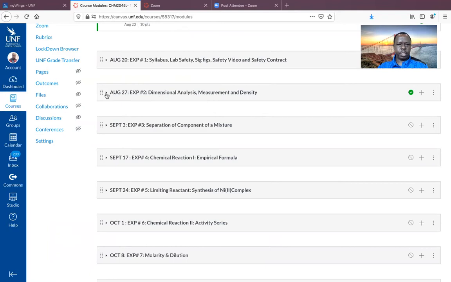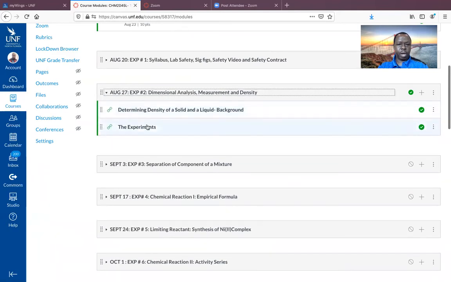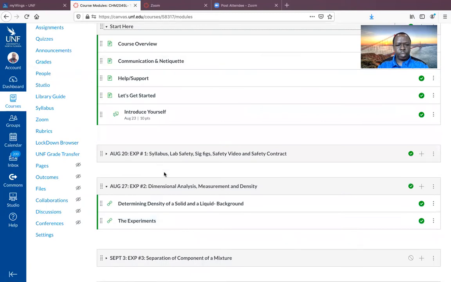If I expand this, you can see what I do have here. Here is just the background. Here is the simulation. The demonstration is right here, and here is just the background on Khan Academy, more about the density. You can log in there and watch more videos or demonstrations on how to determine the density.